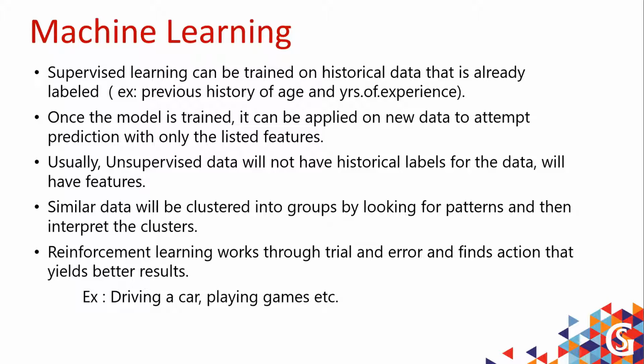Just like if the car is stopping at a signal and pedestrians are moving, it will wait until the pedestrians have passed through the road, and then it starts moving. So that is reinforcement learning, where the algorithm learns through trial and error and finds the appropriate action for better results.